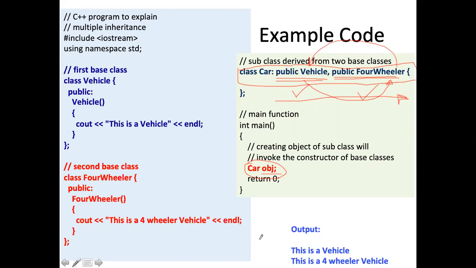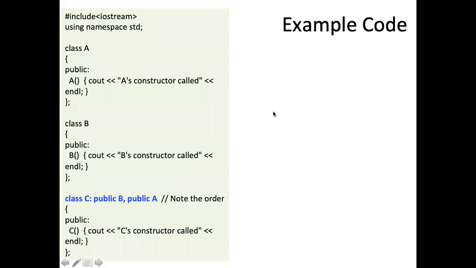ठीक है जी. Okay, so coming to another example here, let's take another example. So this is again a simple example. यहाँ पे we have a class A. ठीक है. So this is class A, and just for simplicity we only have the constructor associated with class A. Then we have another class which is class B, and the constructor for class B is there.